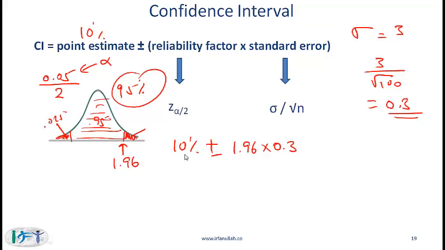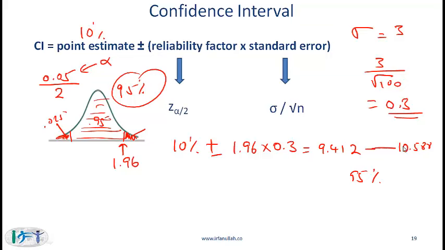This is our range. If we come up with the precise numbers, we'll get 9.412 to 10.588. So we are saying that we are 95% confident that the population mean falls between these two numbers.